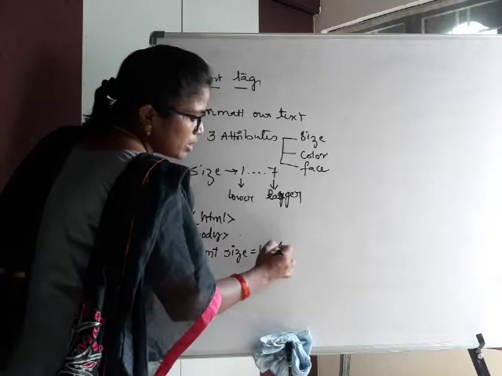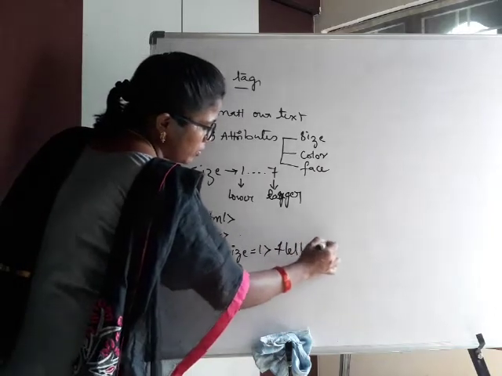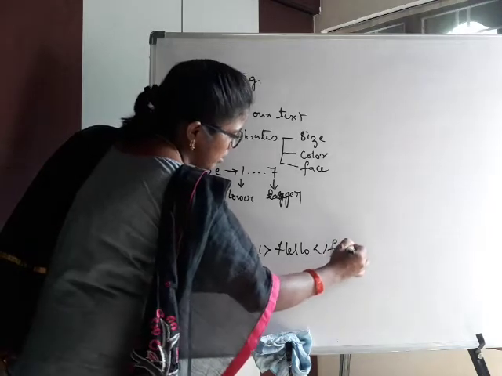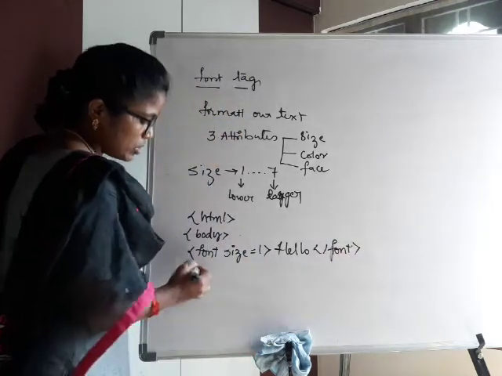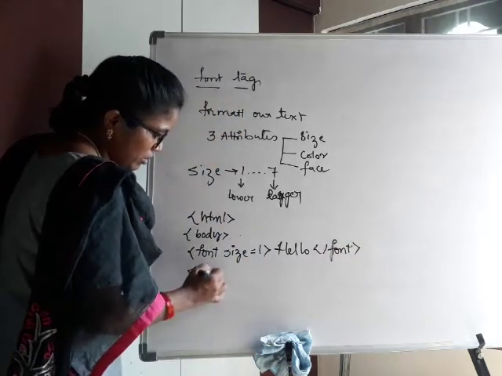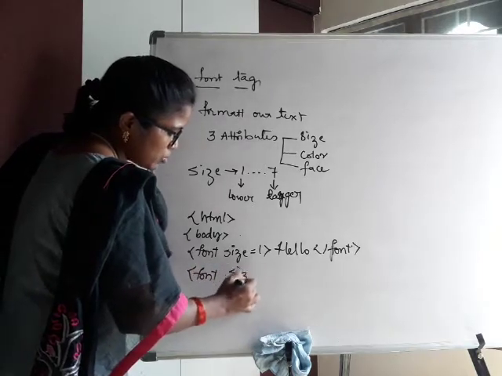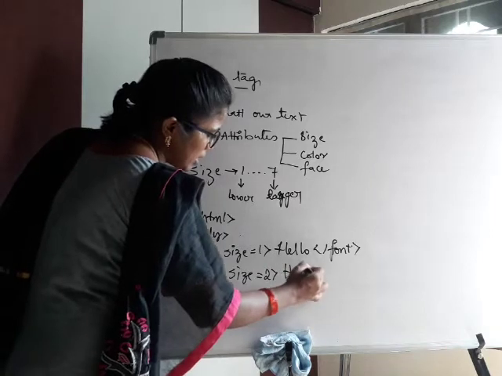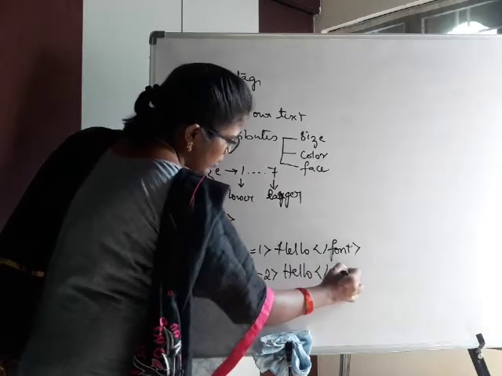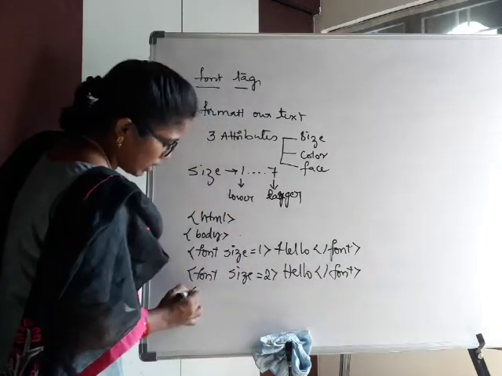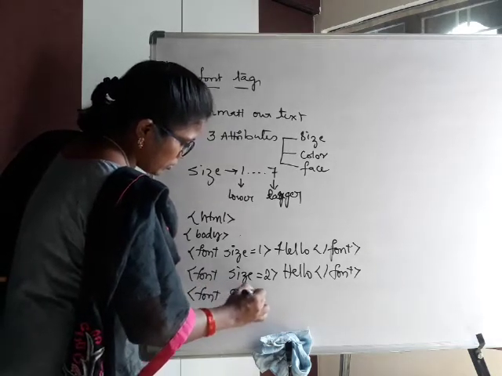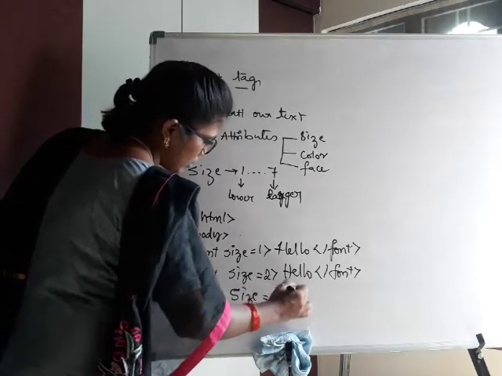So this is written as hello. Here I will close this font tag. Next, font size equals 2. Again I am writing the same text. And font size equals 3, hello.